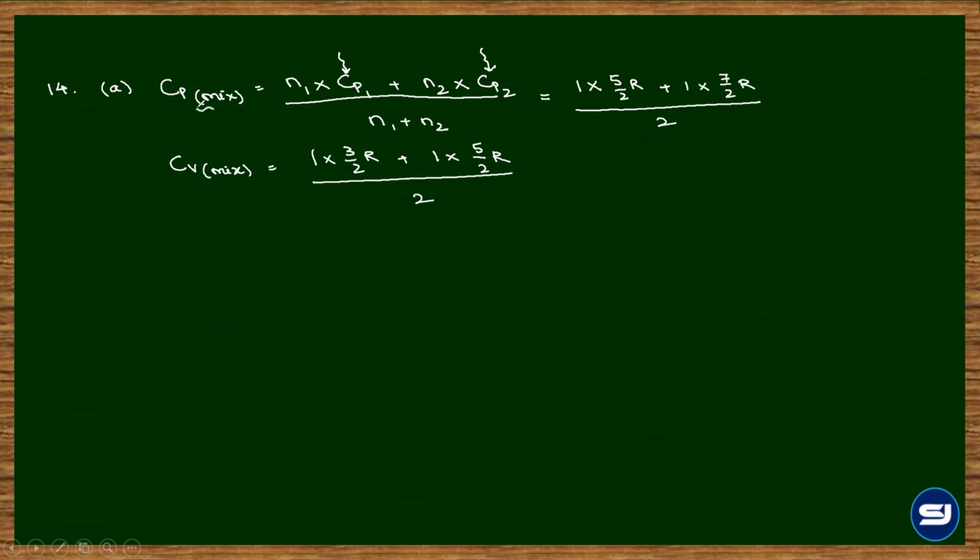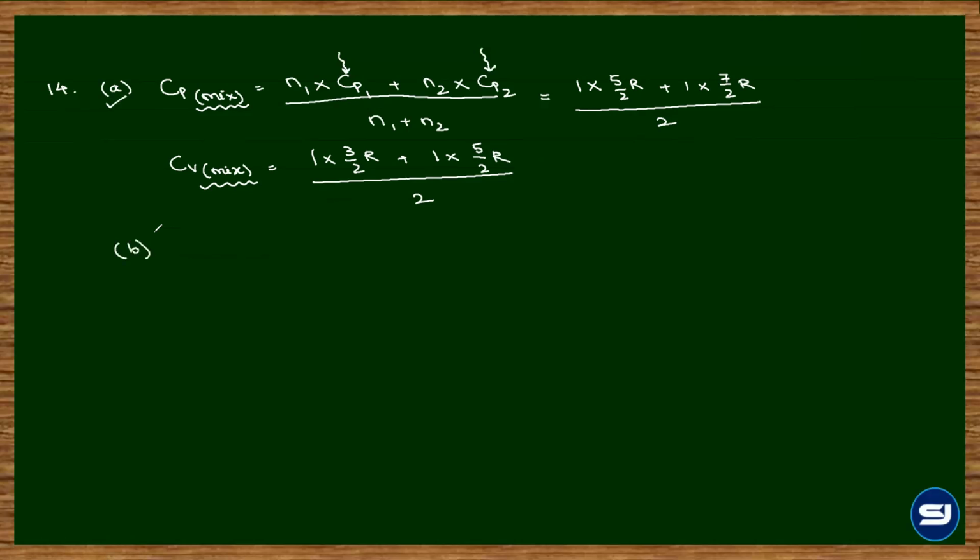So remember, for a mixture of gases with different atomicity, if you want to find Cp and Cv, it's simply the mole fraction concept which is applied over here. Clear? Yes, sir. Okay, so option A is correct.